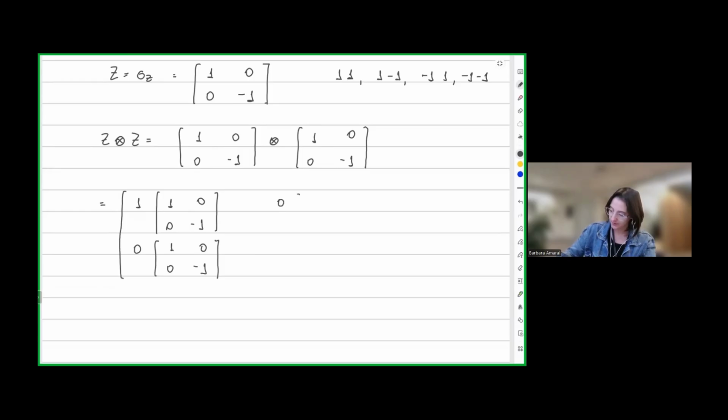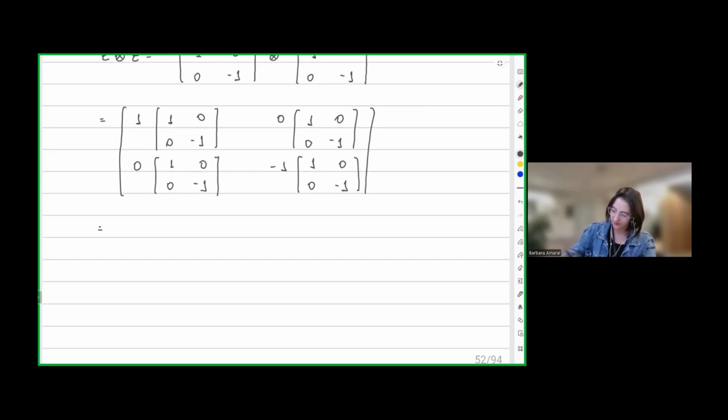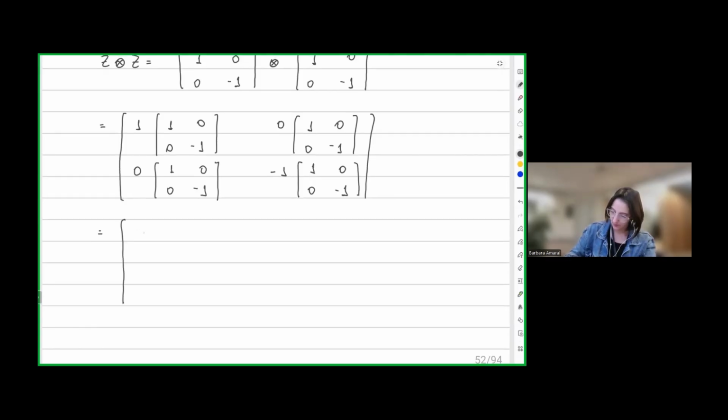This is 0 times the second matrix. This is minus 1 times the second matrix, which gives us 1, 0, 0, 0, 0, minus 1, 0, 0, 0, 0, minus 1, 0, 0, 0, 0, plus 1.